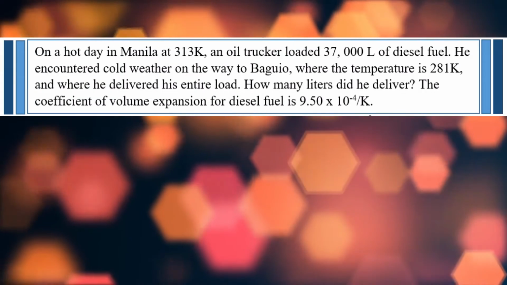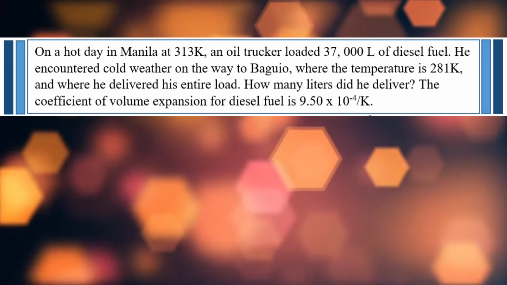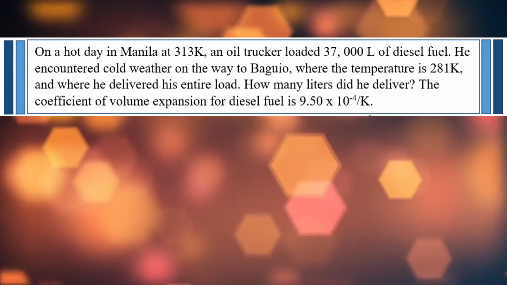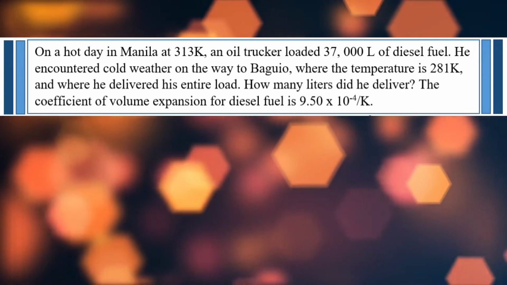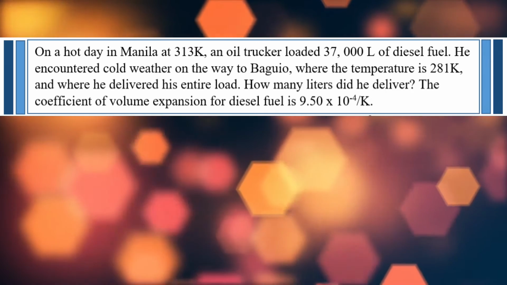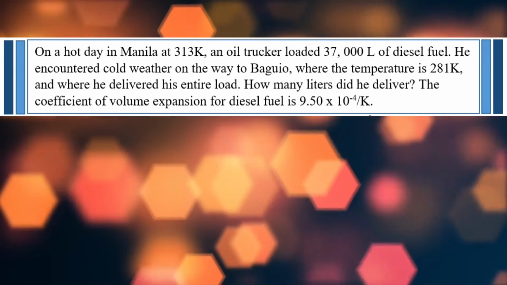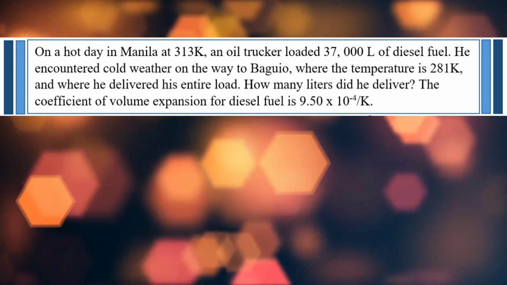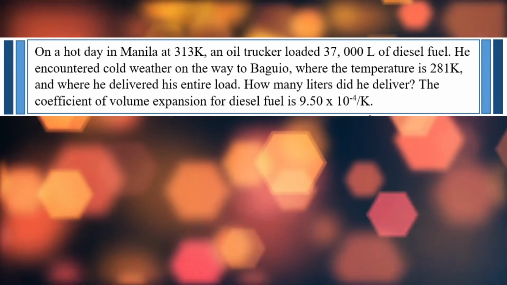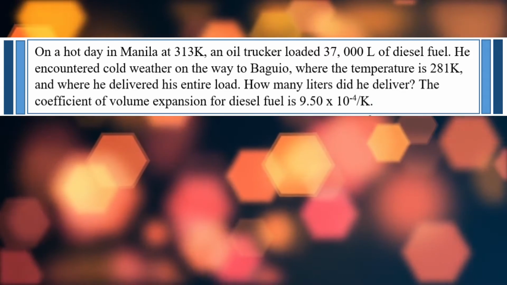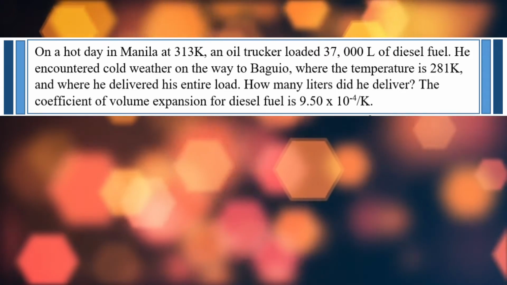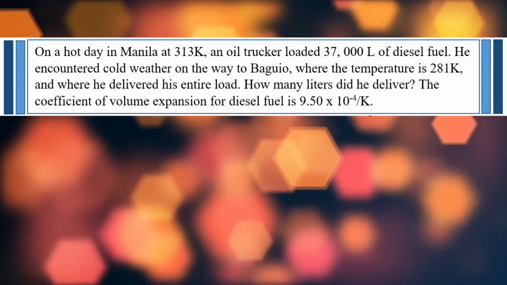On a hot day in Manila at 313 Kelvin, an oil trucker loaded 37,000 liters of diesel fuel. He encountered cold weather on the way to Baguio, where the temperature is 281 Kelvin and where he delivered his entire load. How many liters did he deliver? The coefficient of volume expansion for diesel fuel is 9.5 times 10 raised to negative 4.